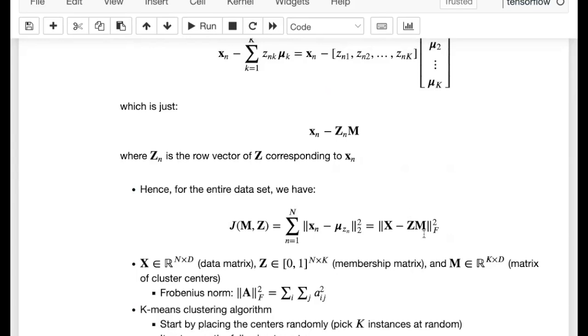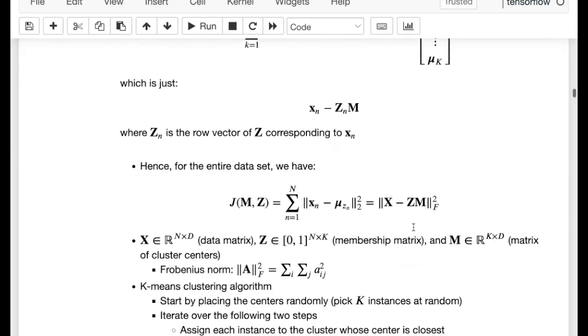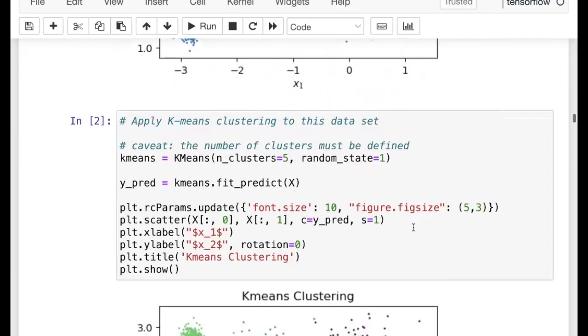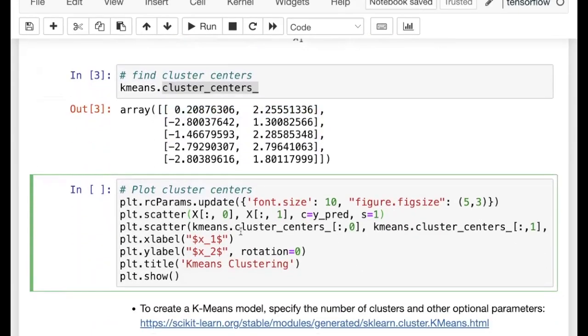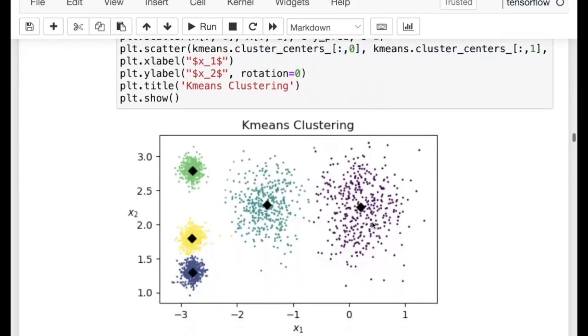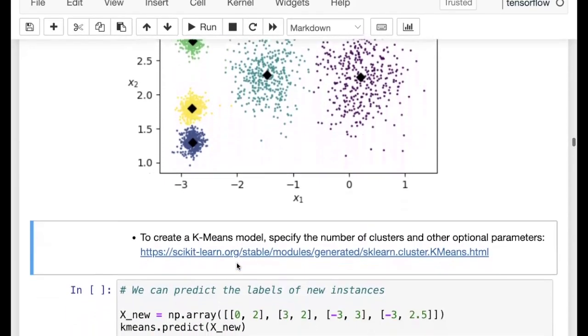So once we solve this problem, we find M and we find Z. If we want, we can also plot these cluster centers within our 2D space. You can see that that makes a lot of sense, right? This is the representative for this cluster, this cluster, and for the other 3.